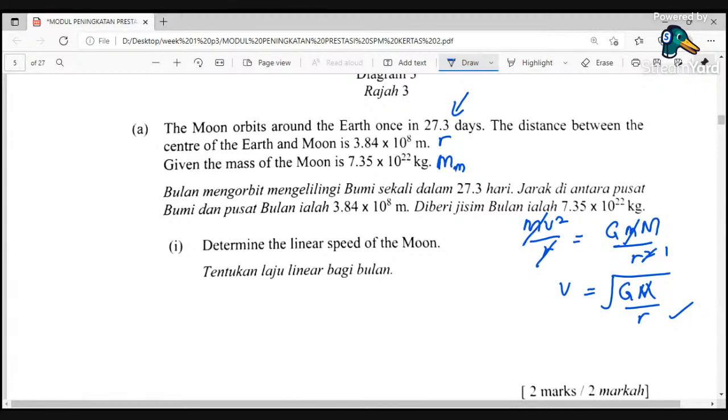Then only it will stay and orbit at the orbit. Okay, itu beza dia. Jadi kena tahu beza linear speed dan juga escape velocity. Okay, linear speed: V equals the square root of GM divided by R.